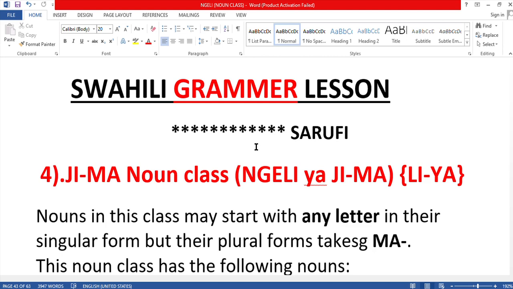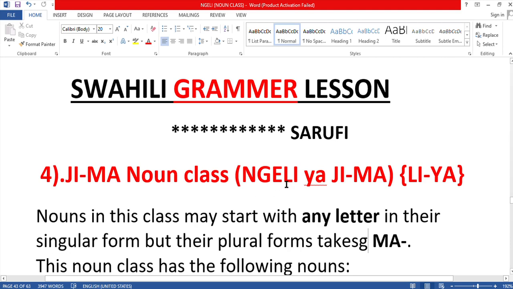Today's lesson we are going to talk about the Jima noun class, Ngeli ya Jima, or the Liya class. Remember, this Jima class and the Liya class are the same. The nouns are classified according to their characteristics. Most of them start with G in singular form and ma in plural form, though some may start with me.